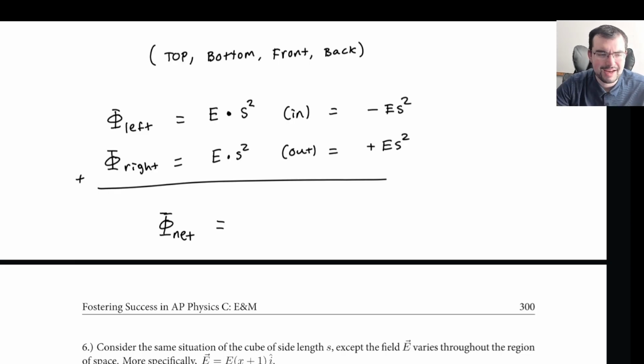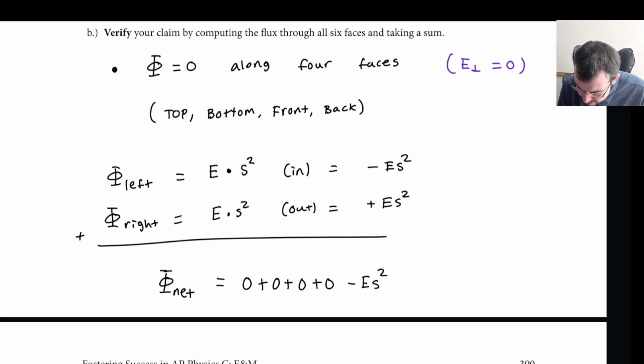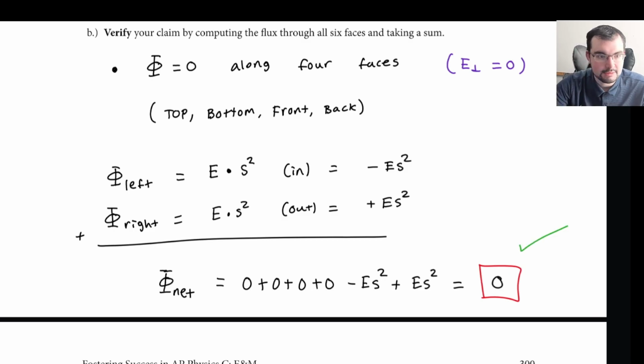And I'll even go the extra step of showing we actually did look at all 6 faces. So I could even say phi net is 0 plus 0 plus 0 plus 0, the four faces that did not contribute. Then I had a minus ES squared, and then I had a positive ES squared, and that's 0. As expected.